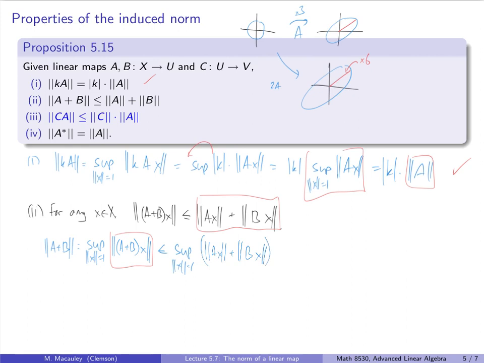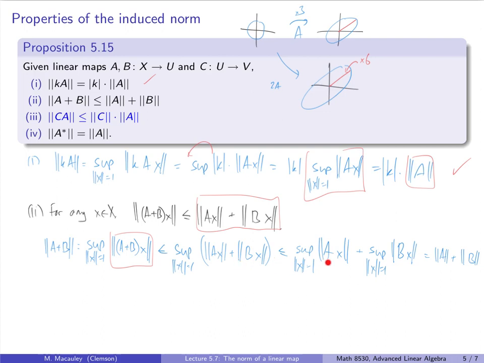Then a basic property of the supremum, which you may remember from your real analysis course, is that you can split this up: the supremum of the norm of Ax plus the norm of Bx is less than or equal to the supremum of the norm of Ax plus the supremum of the norm of Bx. And this is the norm of A plus the norm of B.